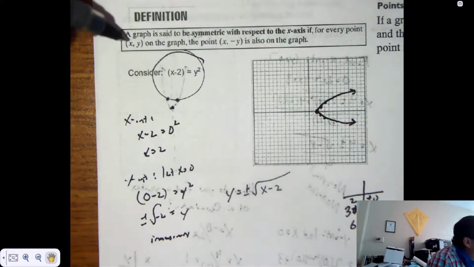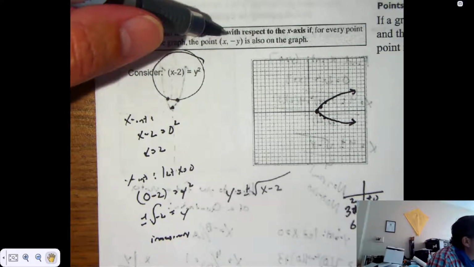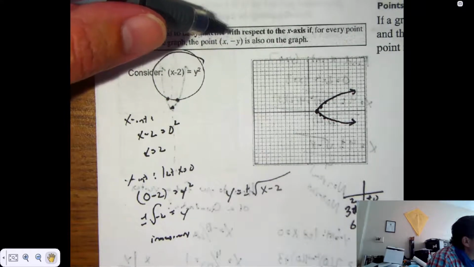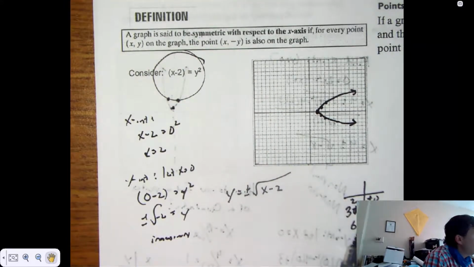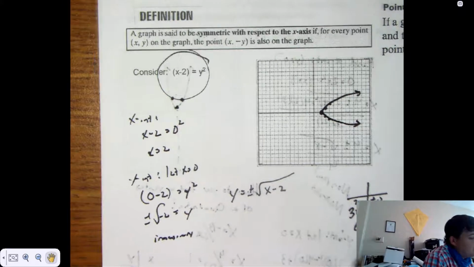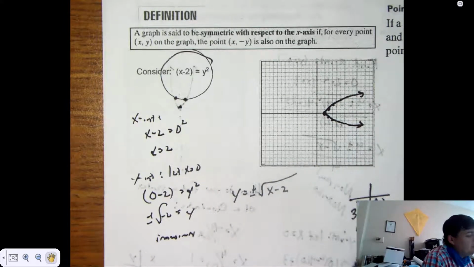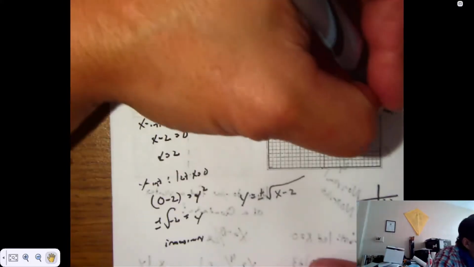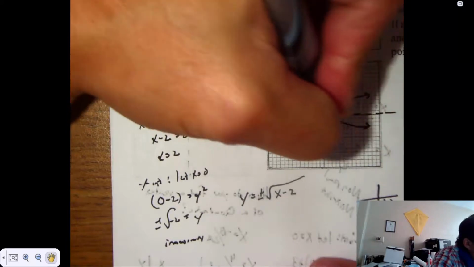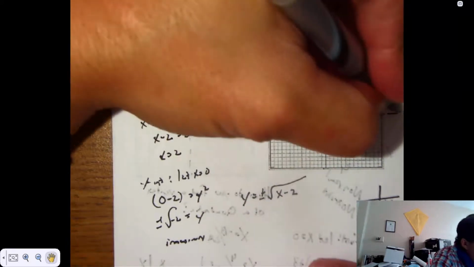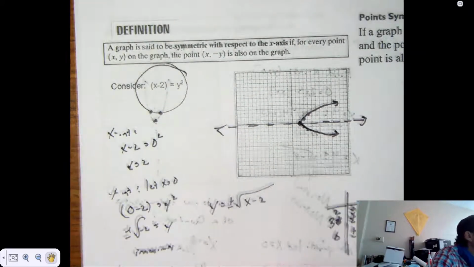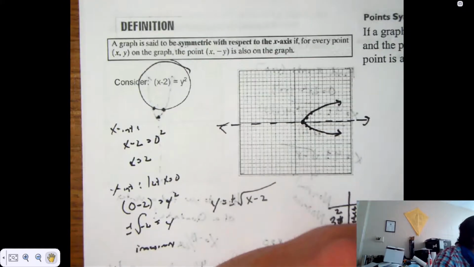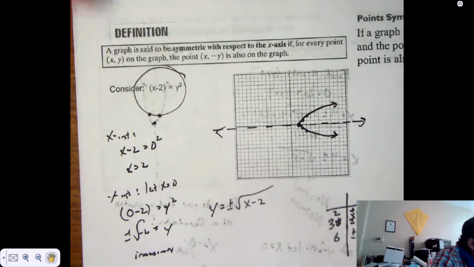Because for every positive x, y that you have on the graph, what else do you have on the graph? We had a positive 1. What else do we have? Negative 1. We had a positive 2. We had a negative 2. And most of these are easy to visualize. The issue is sometimes you have to visualize them. But I think you can see there that you have symmetry with the x-axis, what you hot dog or flip over. And that's kind of a rule.